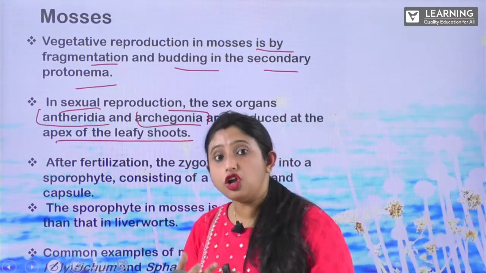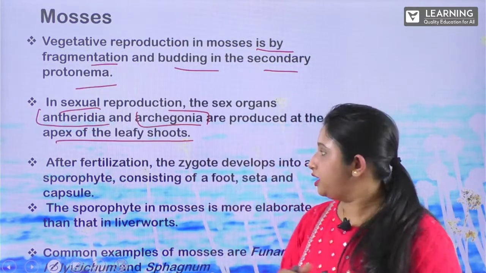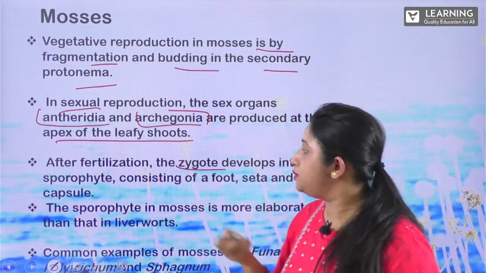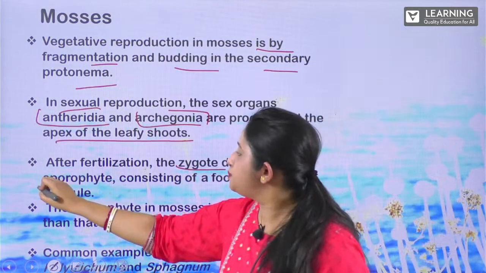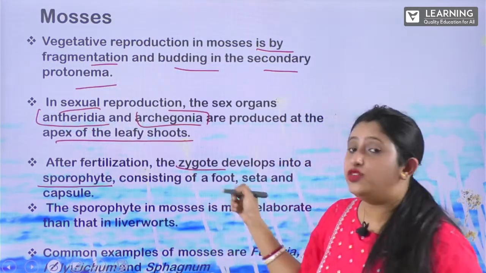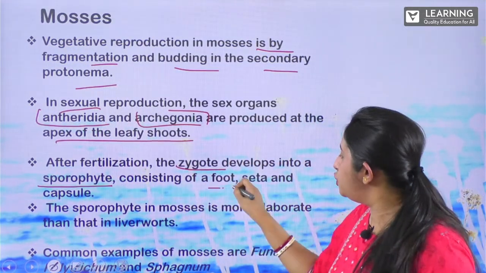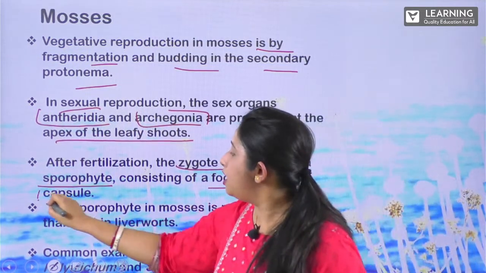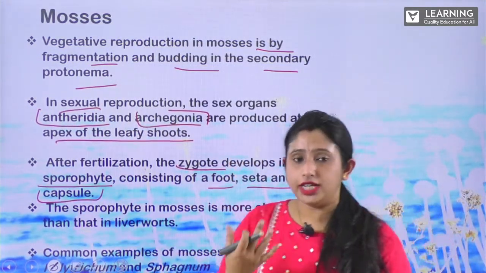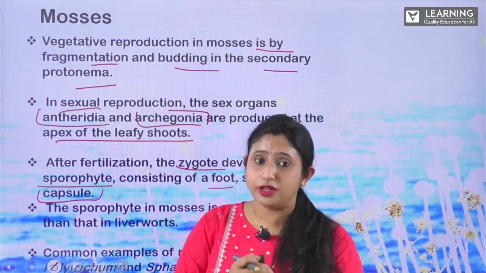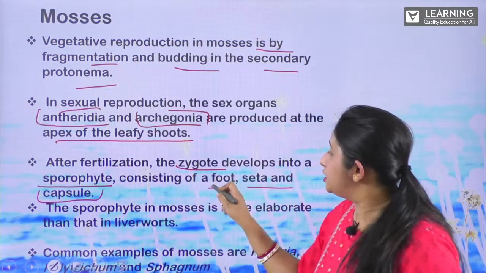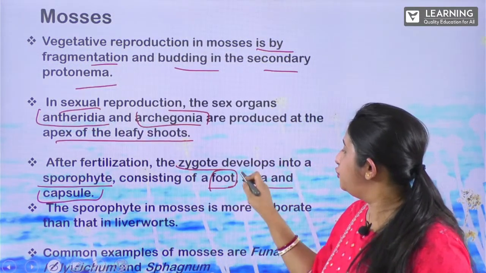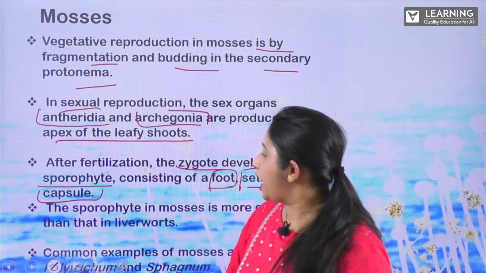After fertilization, the zygote always develops, isn't it? The zygote develops into a sporophyte, which consists of a foot, seta, and a capsule.